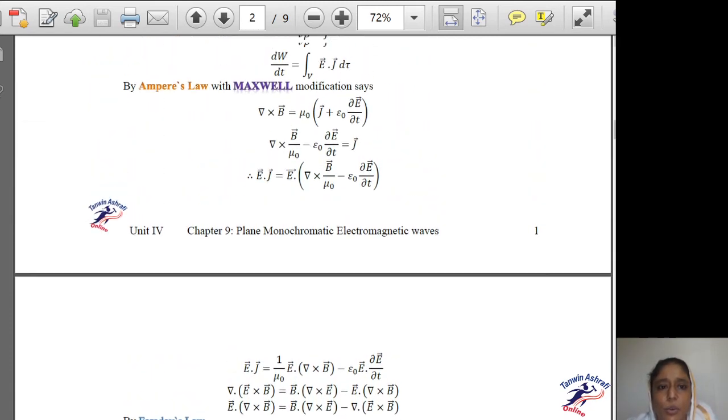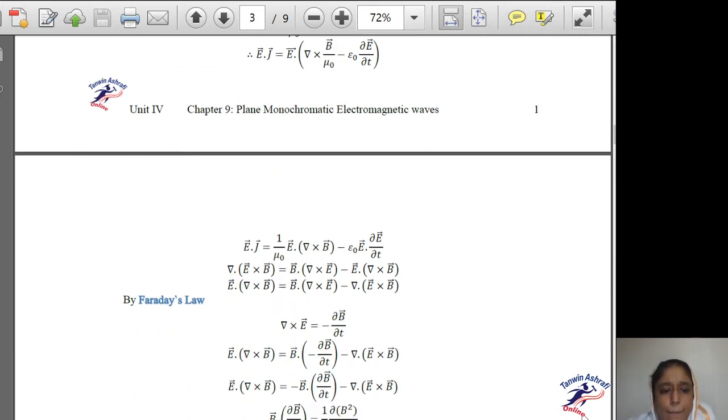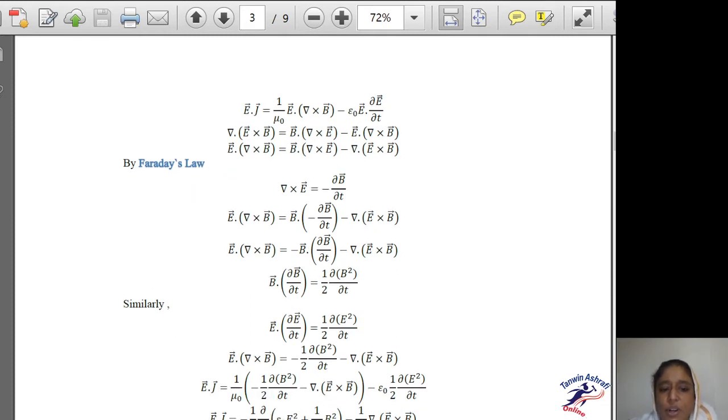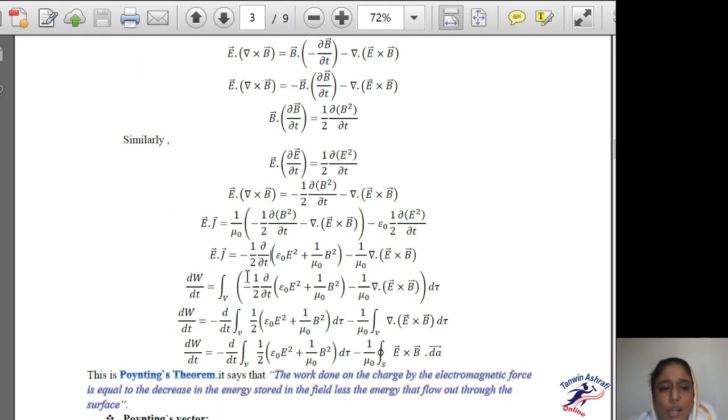If you remember here, dW by dt, E dot J. We have found E dot J as minus half del by del t of epsilon naught E square plus 1 upon mu naught B square, minus 1 upon mu naught del dot E cross B. If we substitute that value into the derivative equation of work done with respect to time, we will have this result.